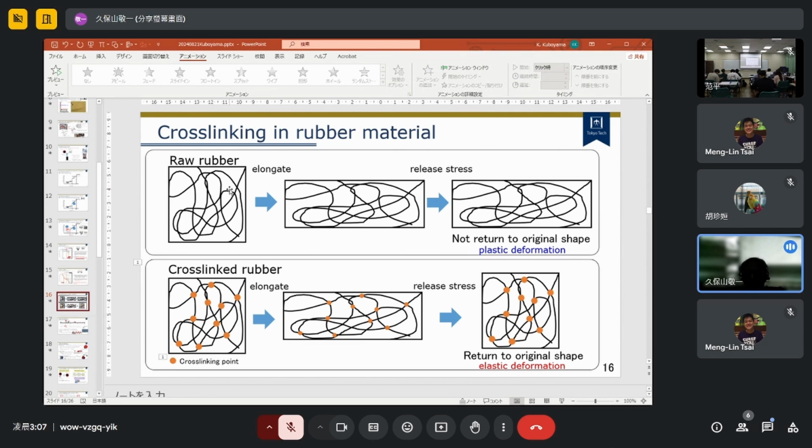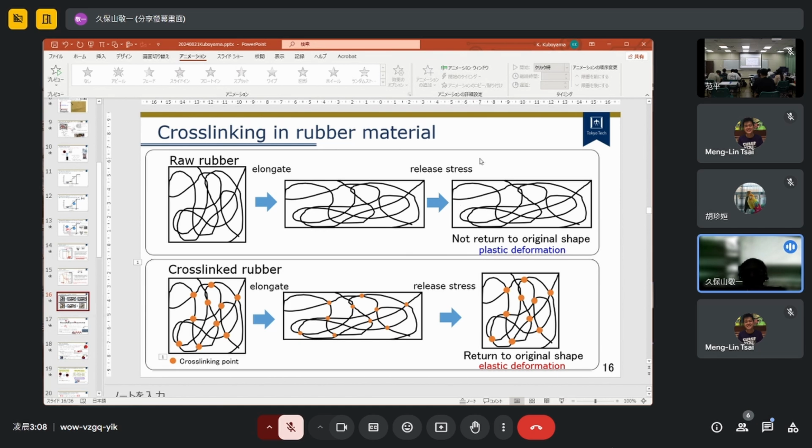If you elongate it and keep the strain for a long time, and after that release the stress, the sample cannot return to the original shape. It is plastically deformed, because the molecular chains can slip past each other when you elongate the raw rubber.